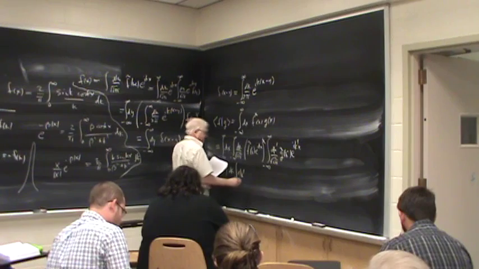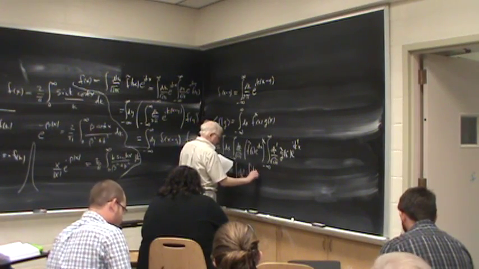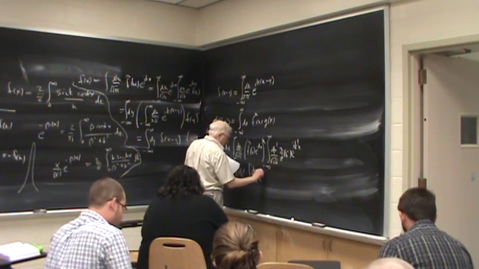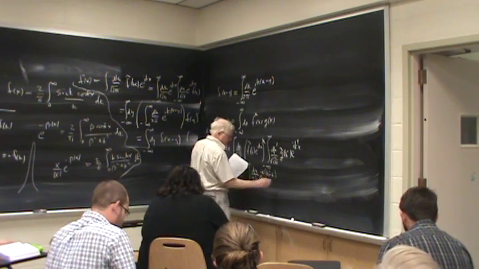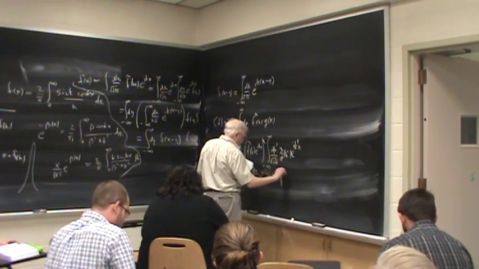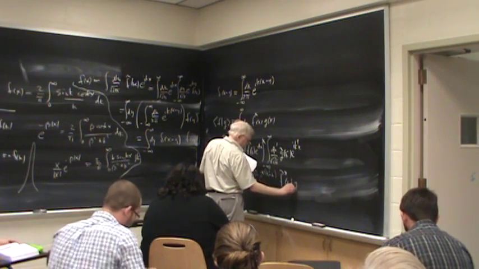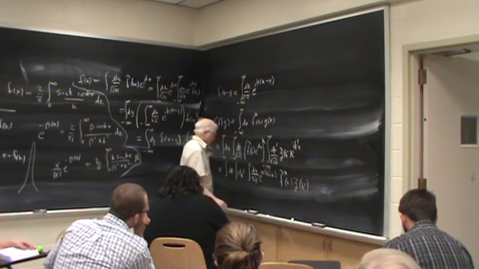So everything's minus infinity to plus infinity. And then combining the 2 pi's, we get dx over 2 pi, e to the i x, k prime minus k, f tilde star of k, g tilde of k prime. So that's what that is.